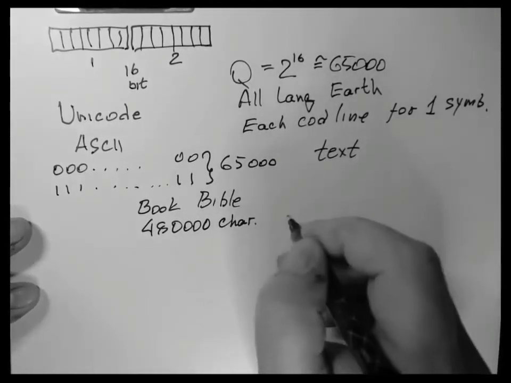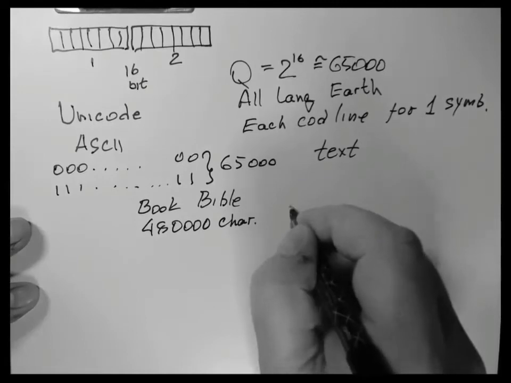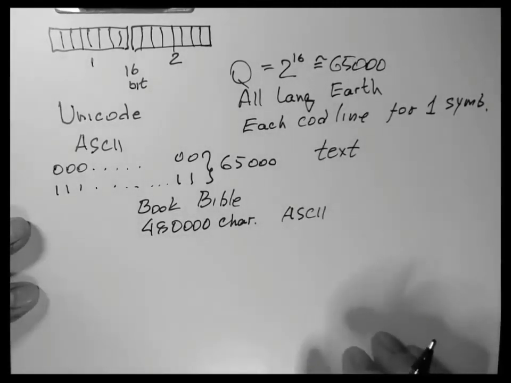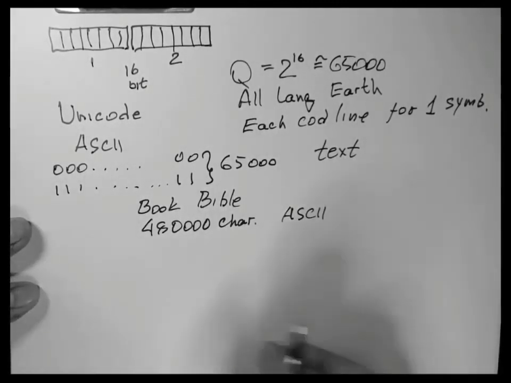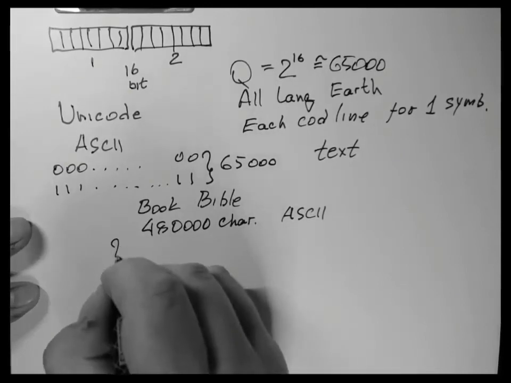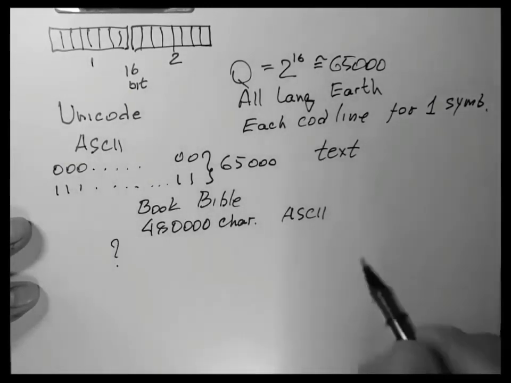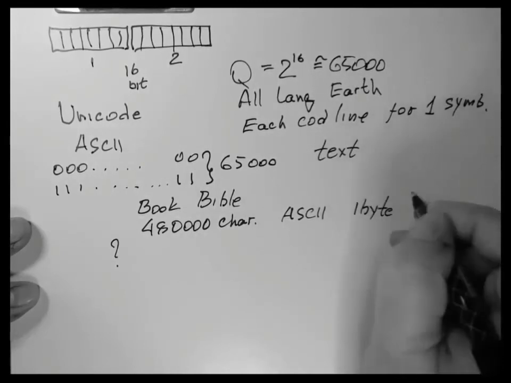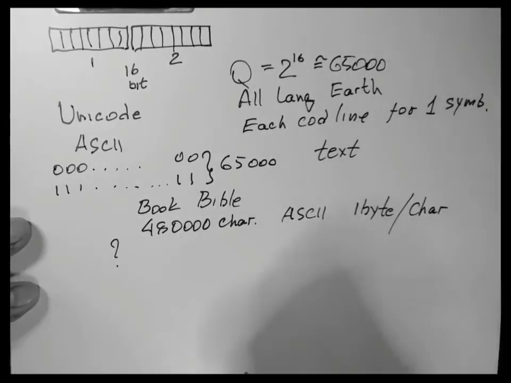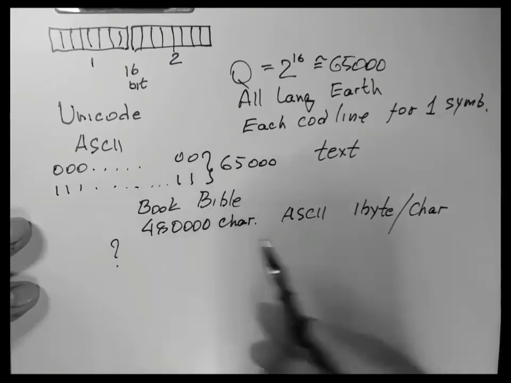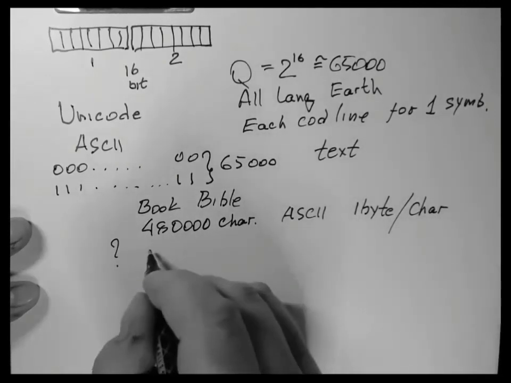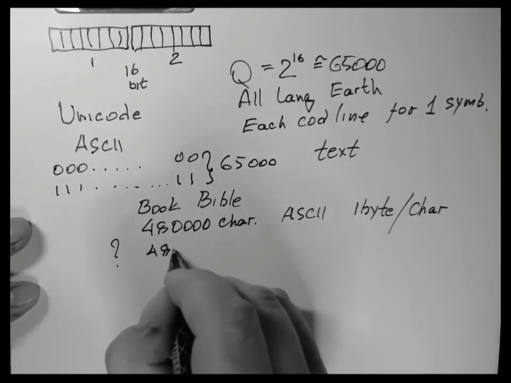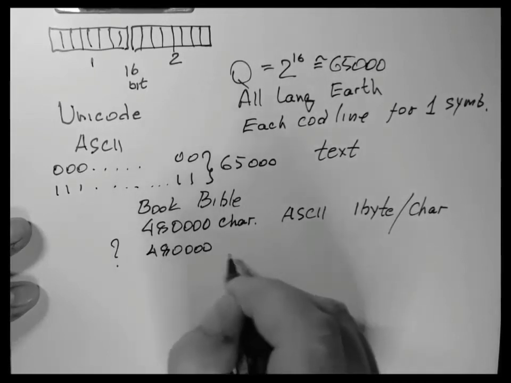To encode it, we use ASCII code, encoded and placed in the computer memory. What is the file size? So we need to remember that ASCII code utilizes 1 byte per character. So how many characters, so many bytes? And we can say 480,000 bytes.